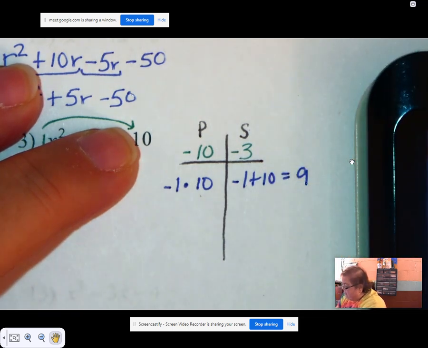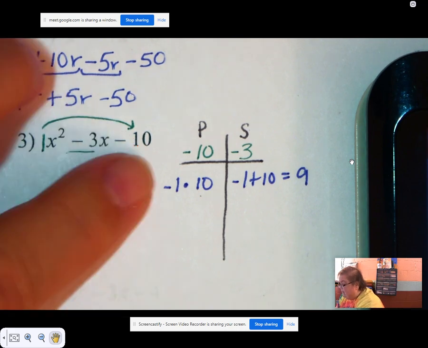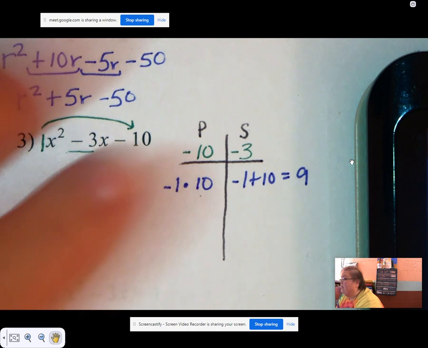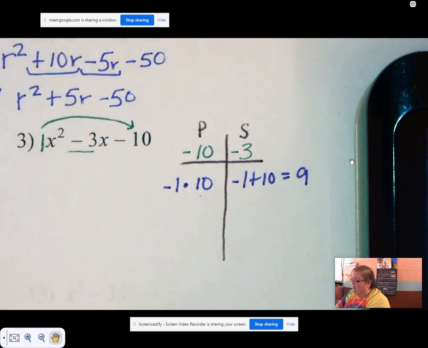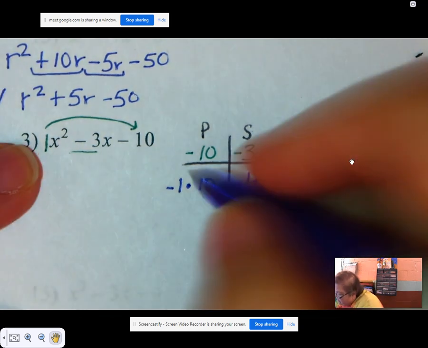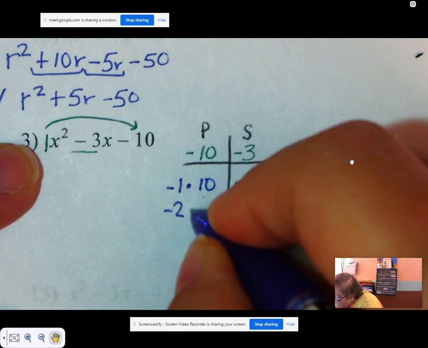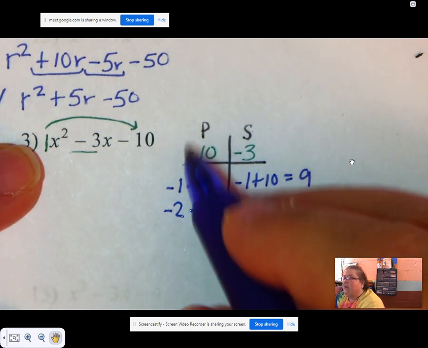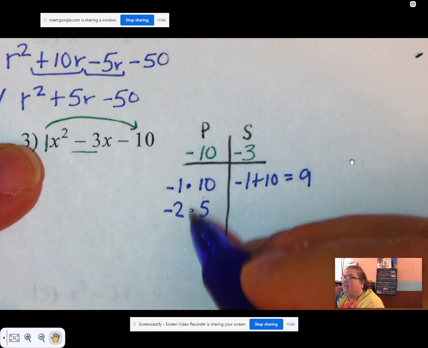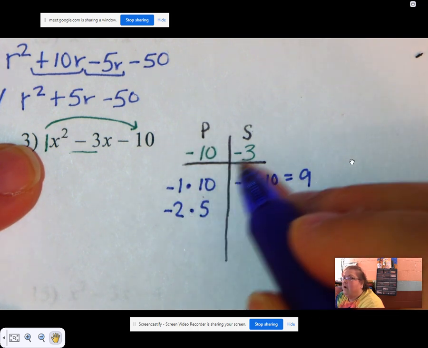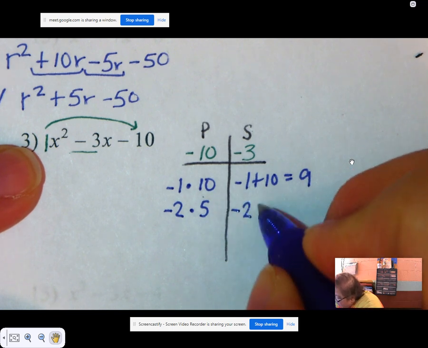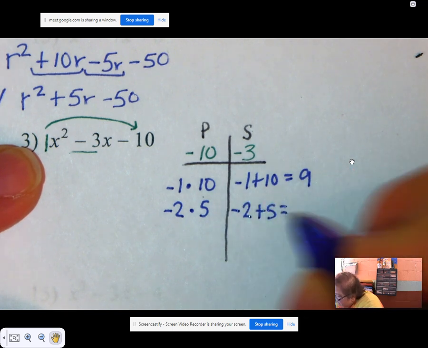Okay. Then 10 divided, already divided by 1 and I knew that one. So I'm going to divide by 2. What do I get? 5. So negative 2 times 5. I know it was negative 10, so I'm making sure I'm getting a negative 10 every time. Okay, now in this column, I'm going to add them. Negative 2 plus 5. What does that equal?